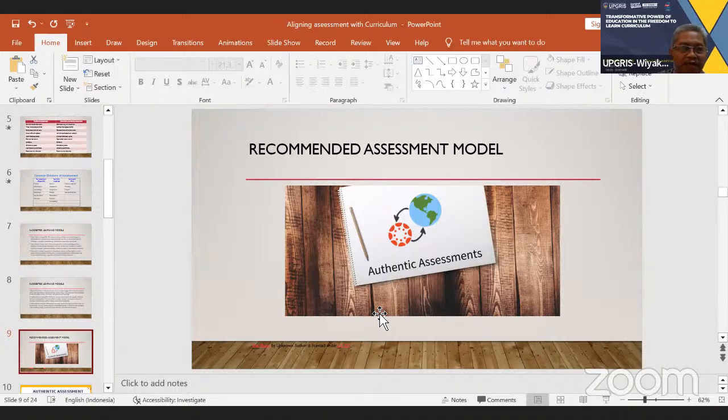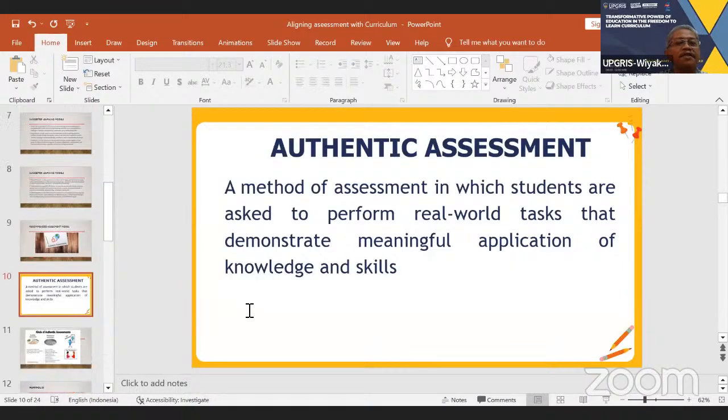It's not in the form of multiple choice, matching, or short answer. It's not in the form of recognition, but it is a kind of production test. So what is authentic then? A method of assessment in which students are asked to perform real-world tasks that demonstrate meaningful application of knowledge and skills. This is probably a general definition of authentic assessment.